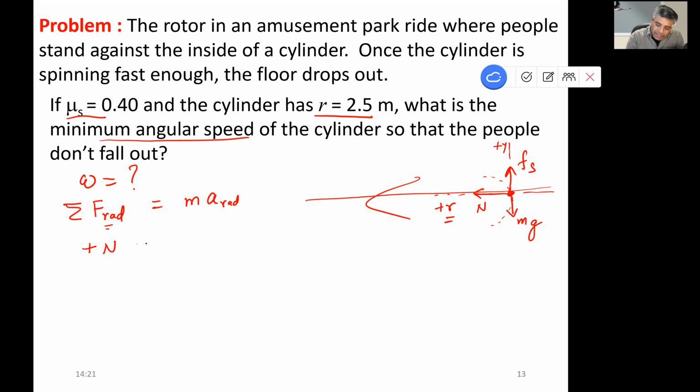Positive, that's right, because we choose positive towards the center for circular motion. And mass and radial acceleration, and again, angular speed we are looking for. That means the formula we should be using is just like we did for the coin: omega squared times r. So that's the left-hand side, just one equation, right?